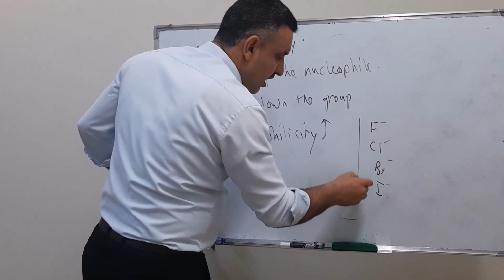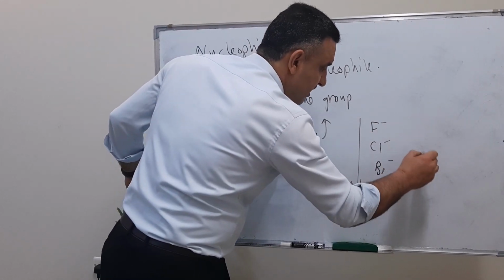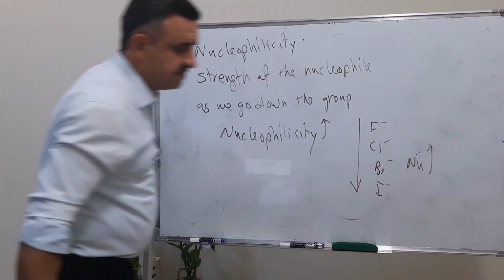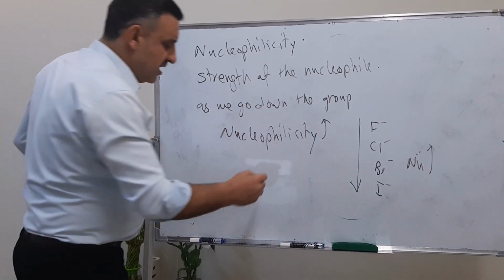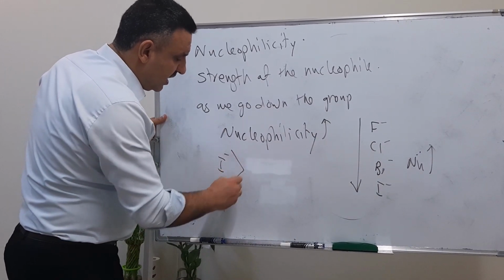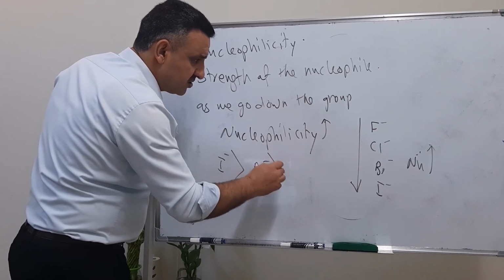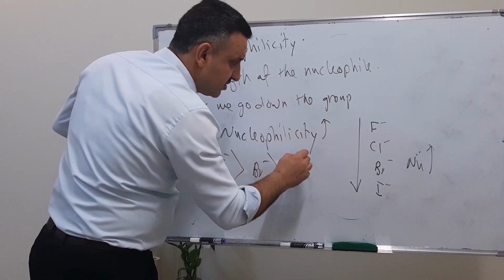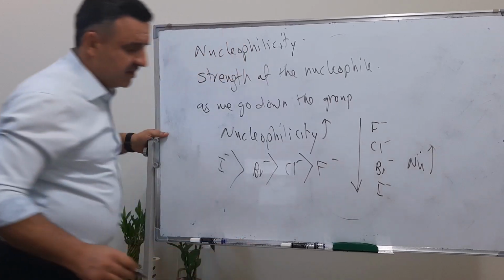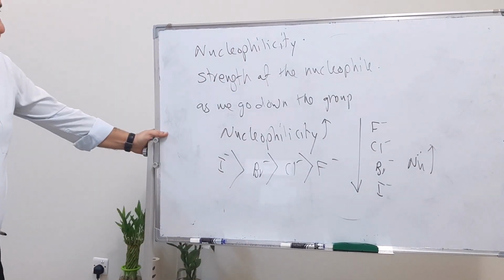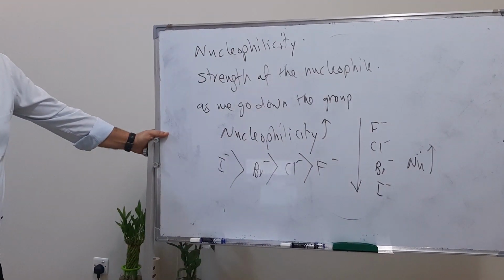As we go down, the nucleophile strength will be higher. So in this case, I minus will be stronger as a nucleophile compared to Br minus, compared to Cl minus, compared to F minus. That's the first trend of the nucleophilicity.